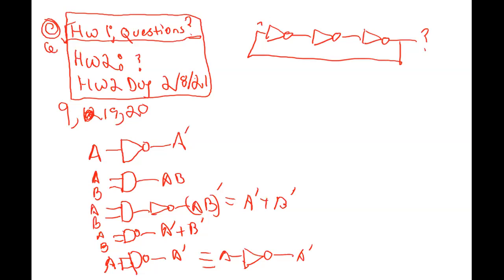Well, if this is a 0, that'll be a 1. Then this will be a 0, and then that'll be a 1. And the 1 will propagate through and change this 0 to a 1, which will change this to a 0, change this to a 1, change this to a 0, and then propagate through, and then change the 1 to a 0 again.